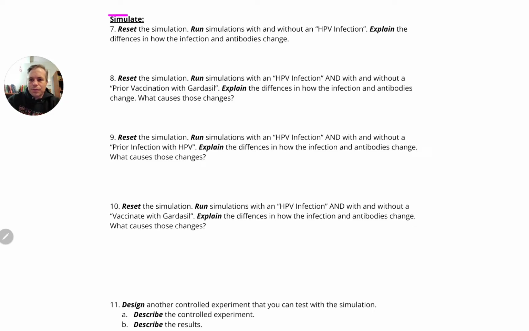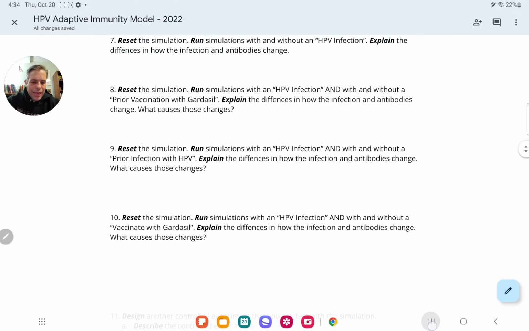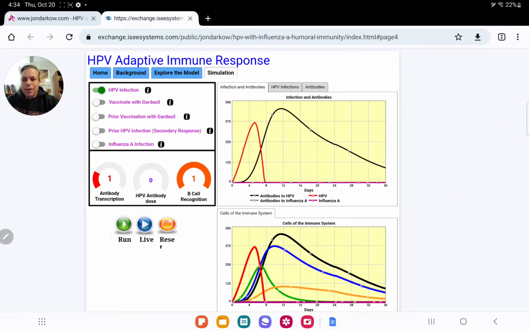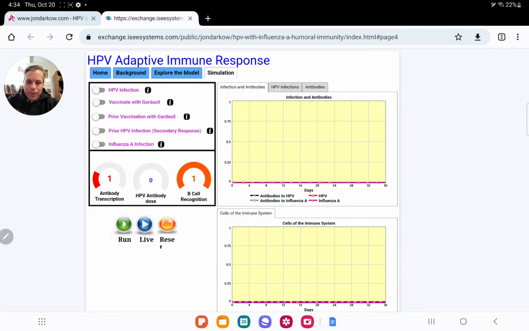Then run the simulation with an HPV infection and with and without a prior vaccination. Let's do the first two together and I'll show you. In the first one, we're just seeing how an HPV infection causes the simulation to run. So there's with it, and here is without.